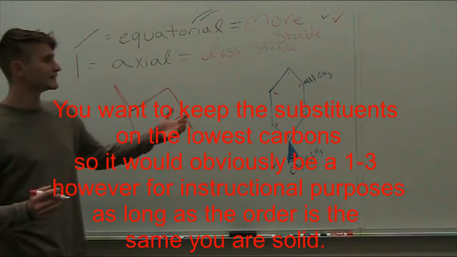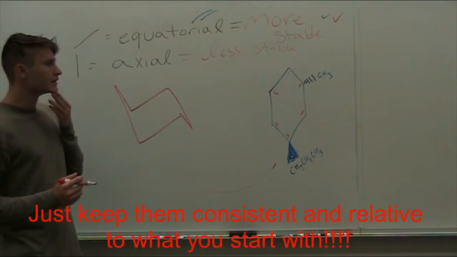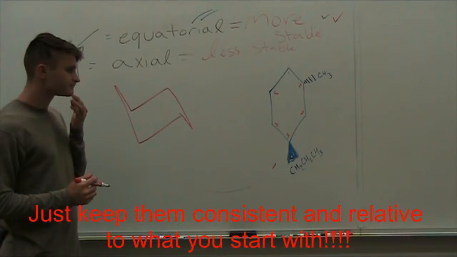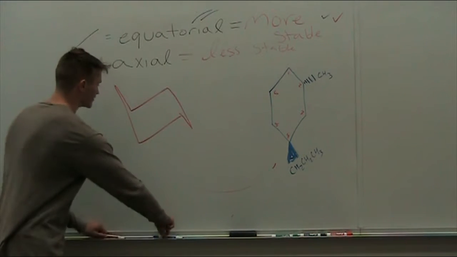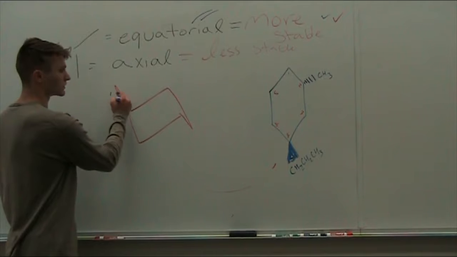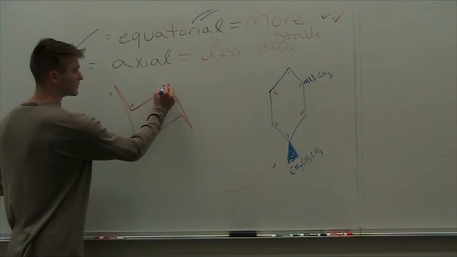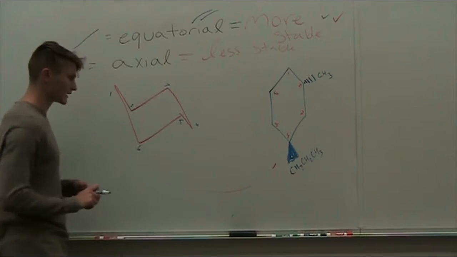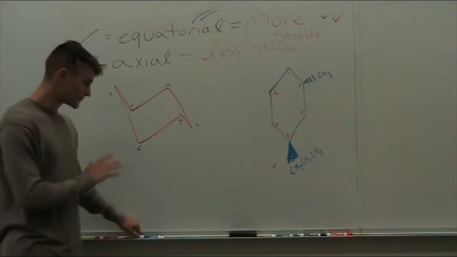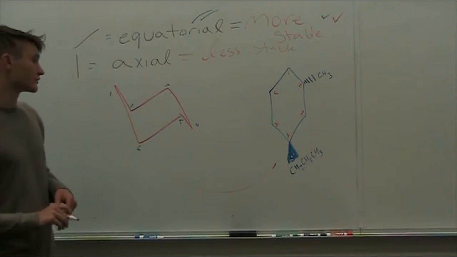As you know, it doesn't exactly matter as long as you keep them relative. So let's say this one is our 1 carbon, 2 carbon, 3, 4, 5, 6. You have to keep it relative to our chair flip.